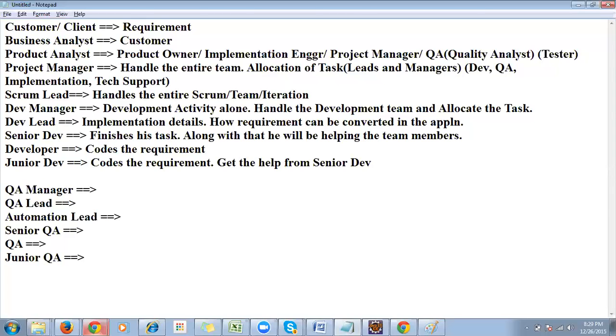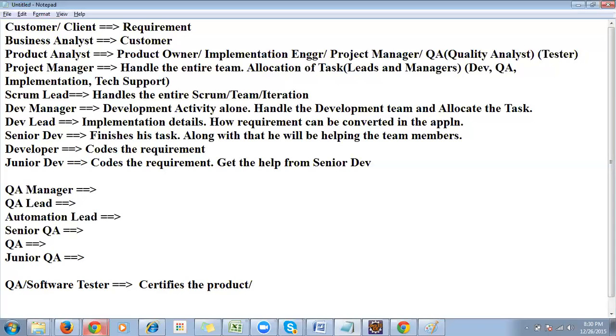Okay, there are two things here. One is QA, another one is software tester. What is the difference between both? QA means he certifies the product. That is, he certifies the product is perfectly, 100% working fine. This guy certifies that the product is perfectly tested and the application has no bugs, it's working fine. So I'm certifying the product.